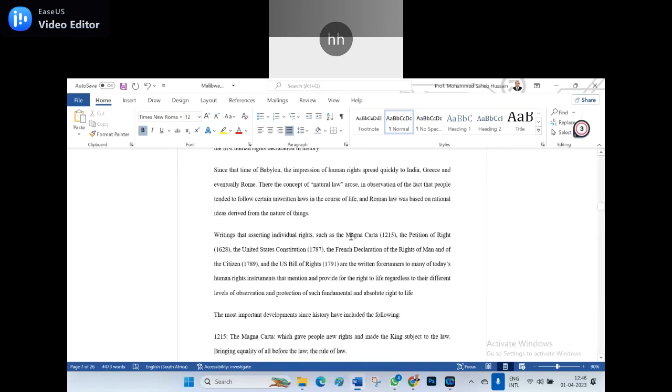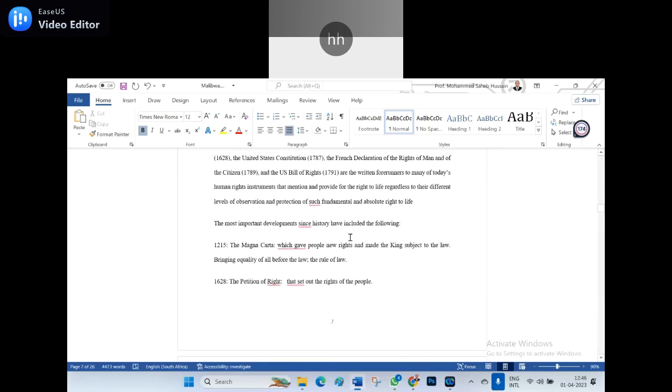1.0, we can go through it, very nice. And then, of course, small mistakes are there. When you write such production of such fundamental rights, these should be there. And here, the most important developments in history have included the following.